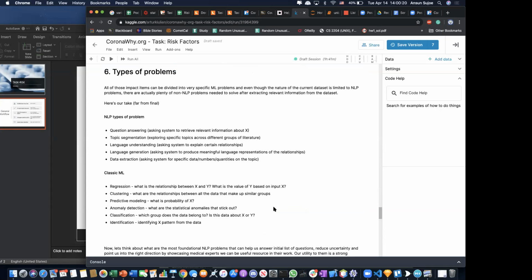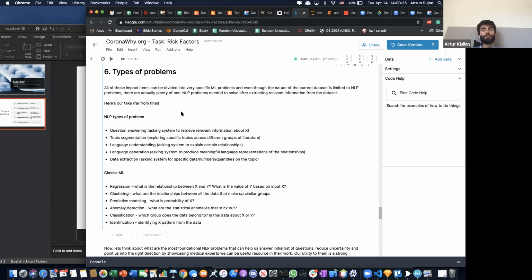Okay, so this one is pretty interesting. Types of problems here. Are these problems that we have with our approach, or problems that we can take to the next level in our approach? So this was an attempt to show other teams, because remember, this notebook was created by me to show other teams how to kickstart the process.